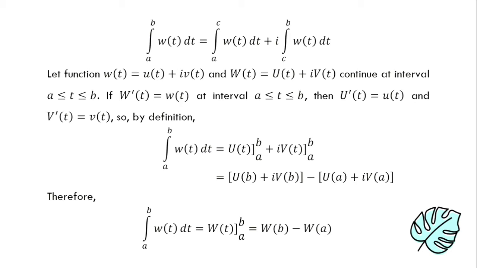Therefore, the integral of w(t) dt from a to b equals W(t) evaluated from a to b, which equals W(b) minus W(a).